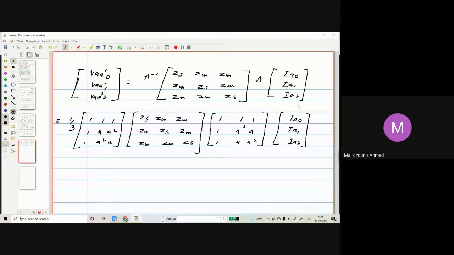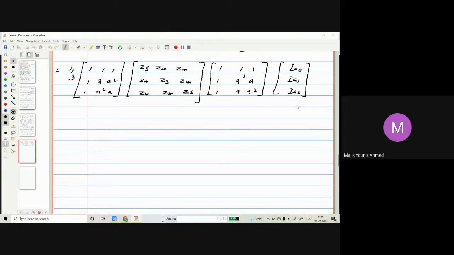Now, further simplifying this step, this can be written as, we'll keep this A inverse as it is, 1, 1, 1, 1, A square, A. Now we'll multiply each row. I will be writing the simple value, I will not be explaining.